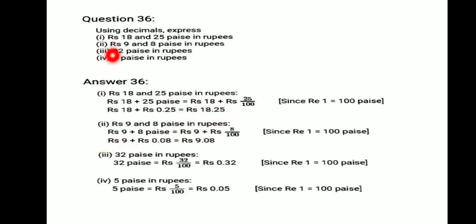Question number second, rupees 9 and 8 paise in rupees. Same, 9 plus 8 upon 100. 9 plus 0.08 is equal to 9.08. Sorry. Question number 3 and 4 are the same as before, so you can do it easily.